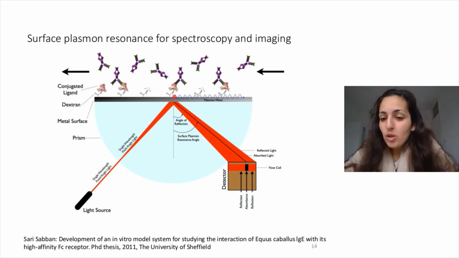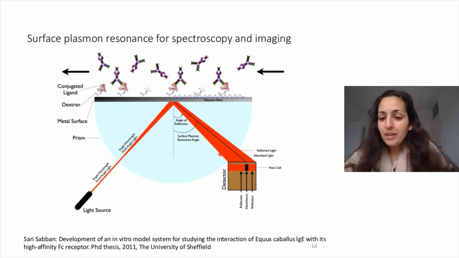And if I get adsorbance on this surface, this will influence the properties of the plasmon so much that, depending on what is on the surface, your resonance condition will happen at different angles of the light coming in.